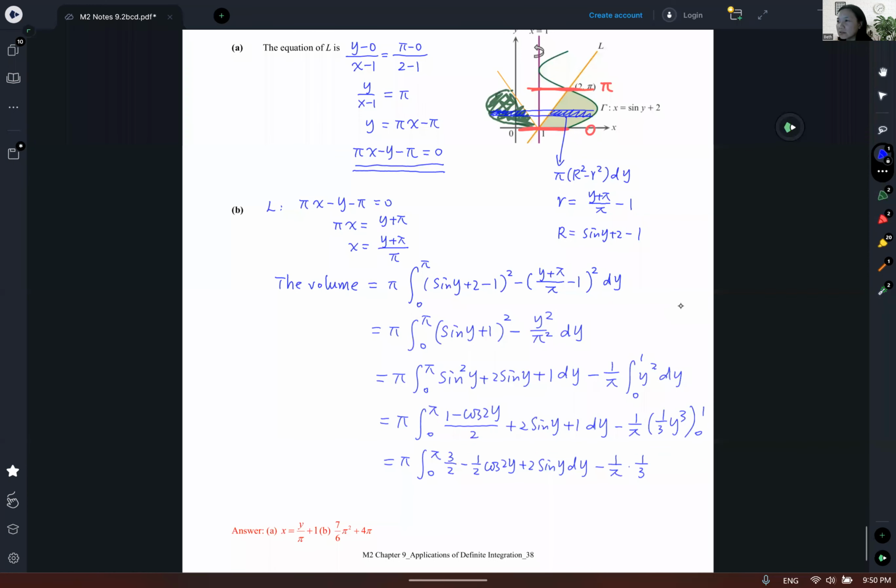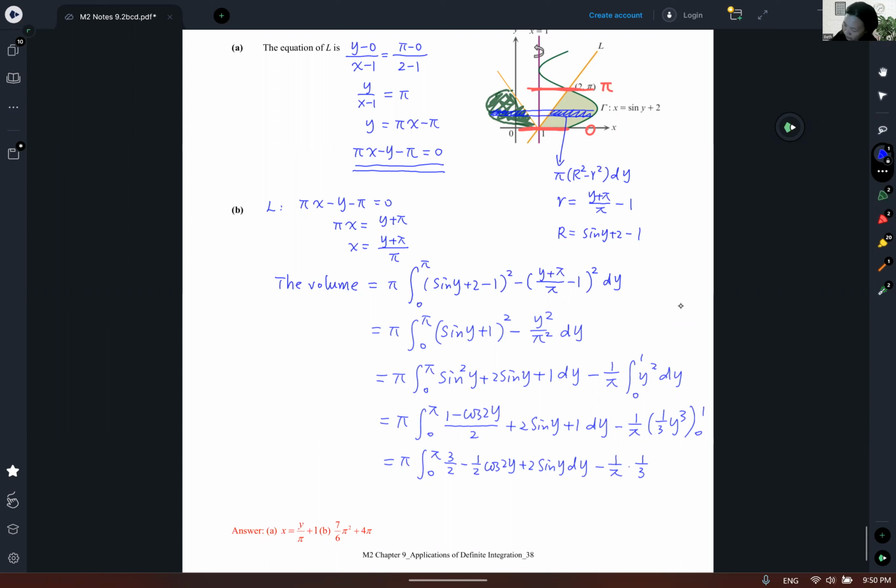Pi over y squared. It's definitely from 0 to π.